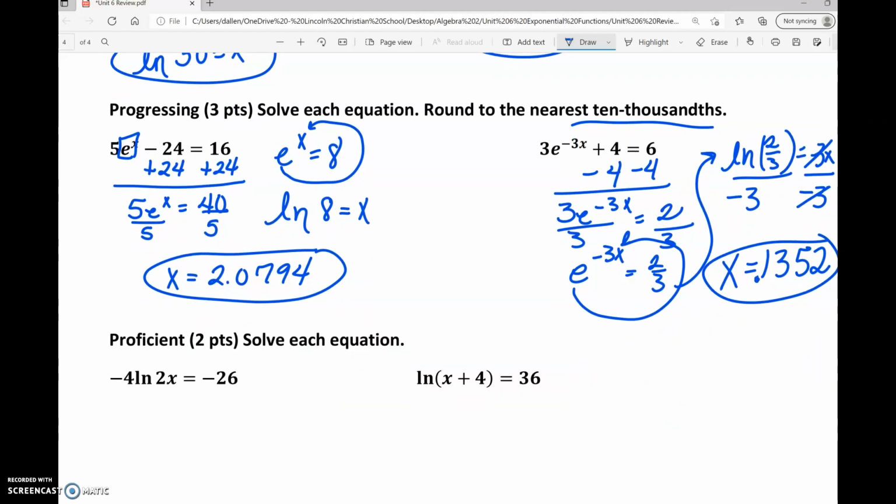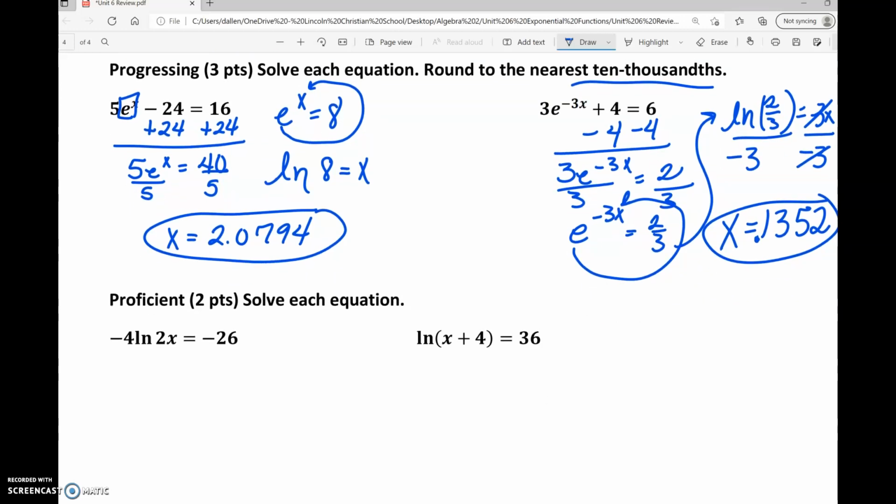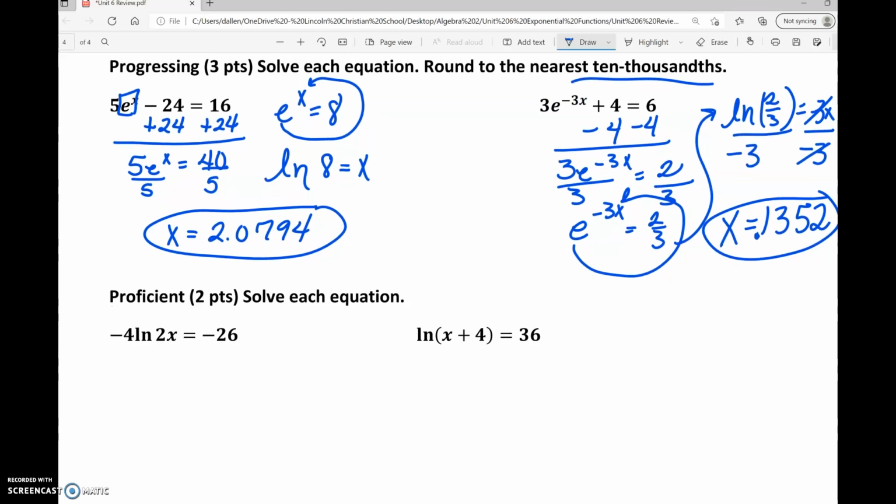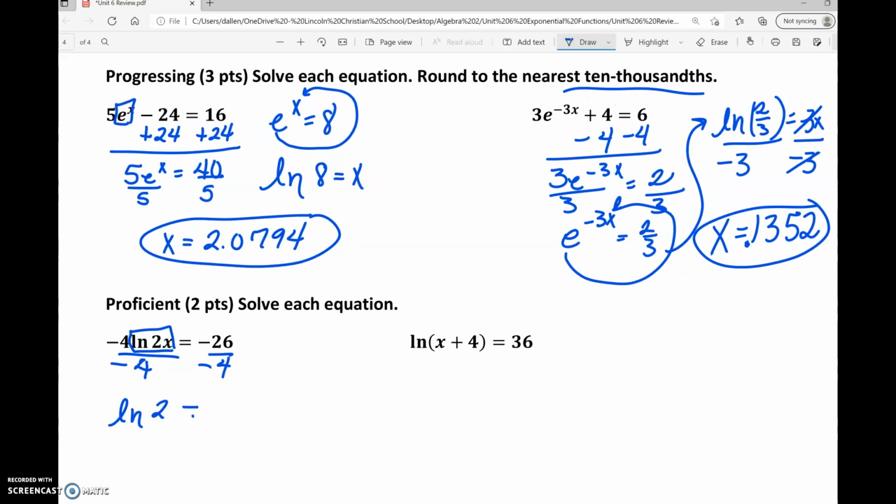Right, so then here we have log form, and I need to use exponents to solve this. But again, I'm going to get the log by itself, so I'm going to divide by -4. And that gives me natural log 2x equals 6.5.